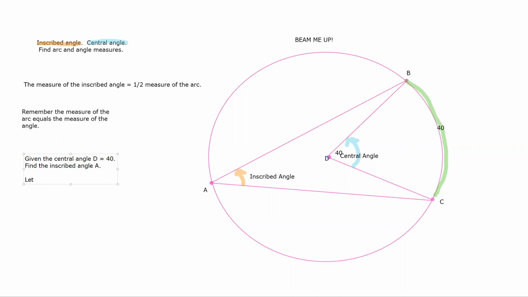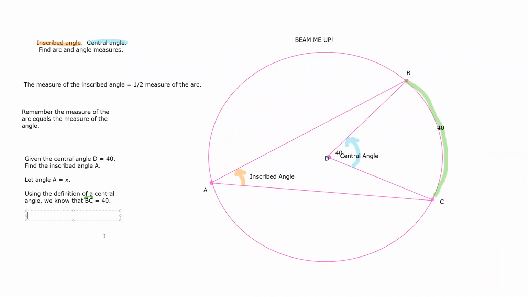So you're going to let angle A equal X. Using the definition of a central angle, we know that arc BC equals 40. That's part of some steps and proofs. You're going to use that definition to make this deduction right here. They didn't give you that. They gave you something that lets you know that.